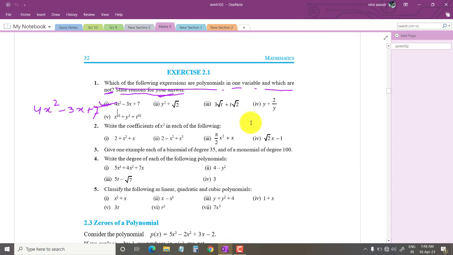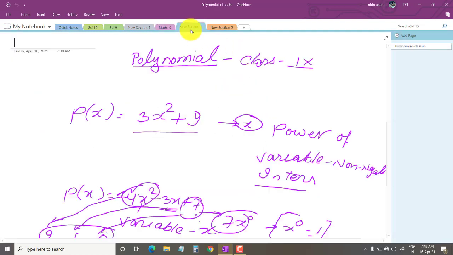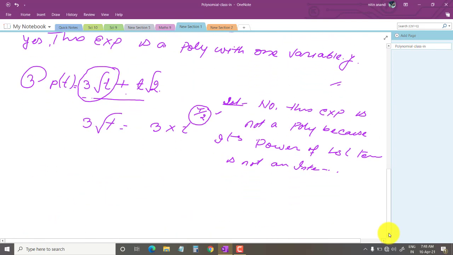What is question number 4? Question number 4 is y plus 2 by y. We have to see this expression and decide whether it is a polynomial or not.